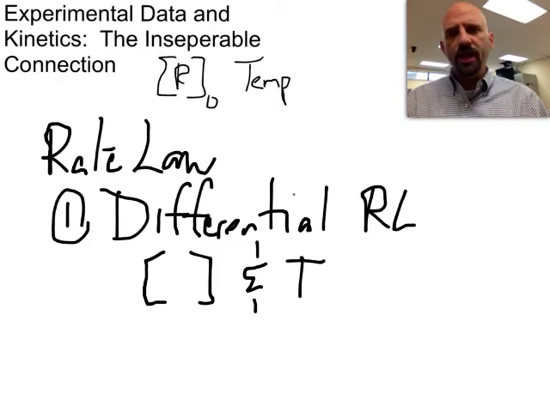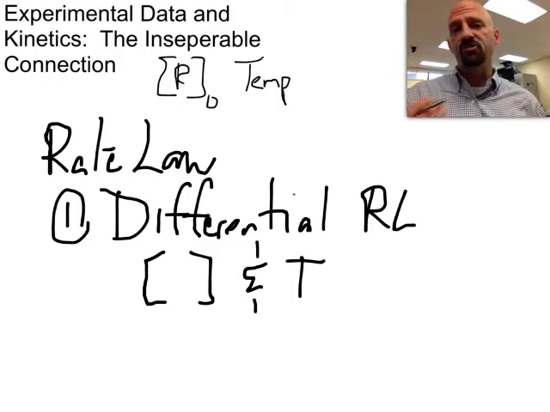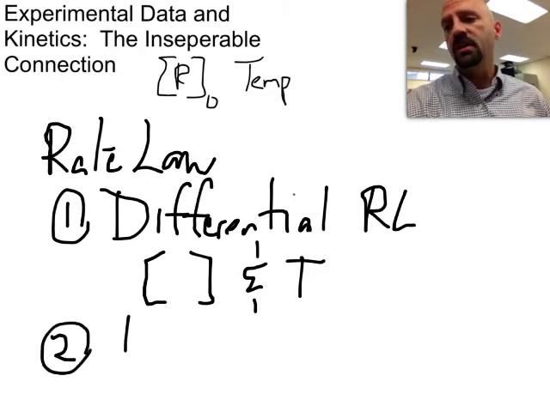So if we change the concentration of our reactants, we can see how that change of concentration will affect the rate of the reaction. Or if we do the reaction at a different temperature, we will be able to use the differential rate law to determine what kind of an effect that has on the speed or rate of the reaction.